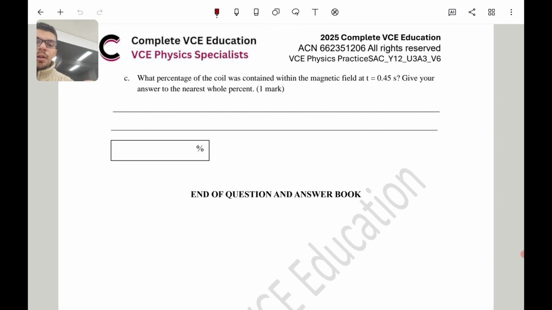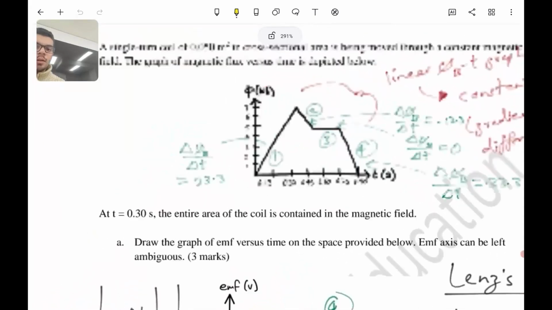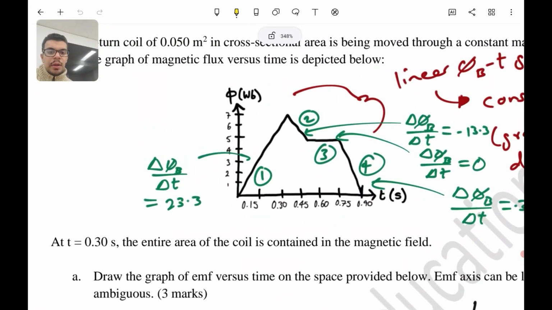Like the last question, part C. What percentage of the coil was contained within the magnetic field at t equals 0.45 seconds? Give your answer to the nearest whole percentage. Very, very interesting. So here at 0.45 seconds, the graph is not perfect, but this is at 0.45 seconds over here.